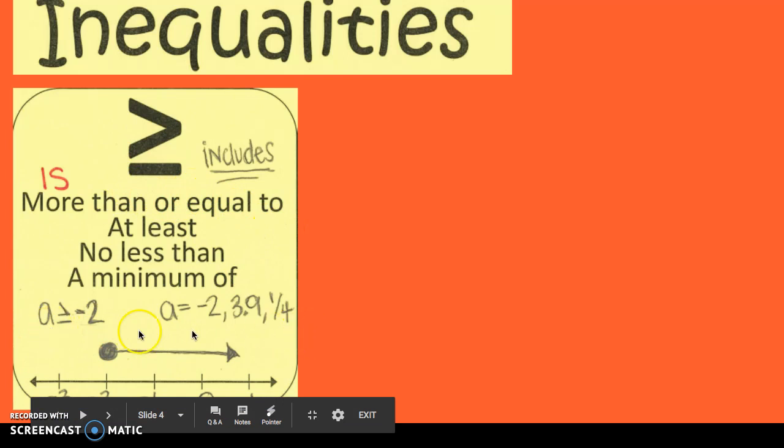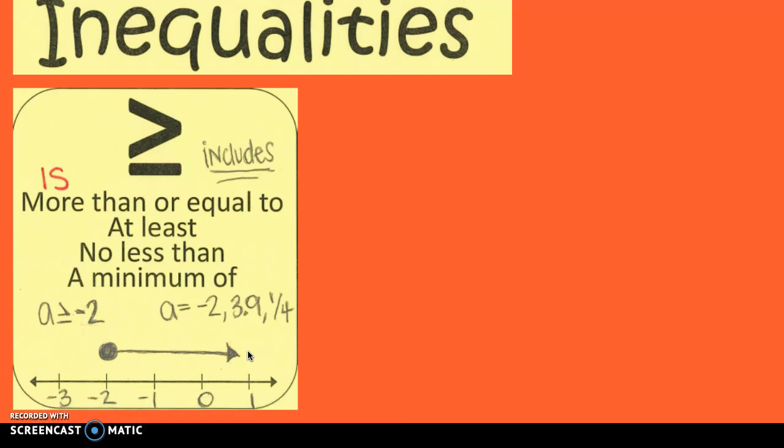Here are some examples. We have A is greater than or equal to -2. So some solutions could be A equals -2. In this case, we have the or equal to, so it means that -2 could be a solution. So that is a closed circle we use, and any value to the right are also solutions.